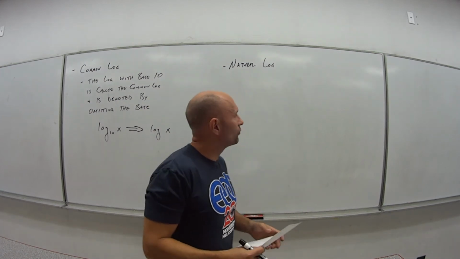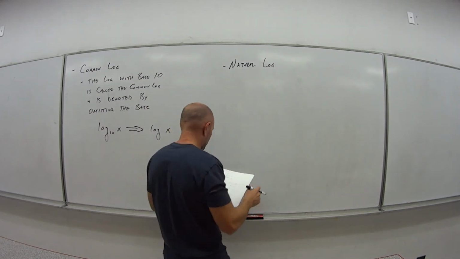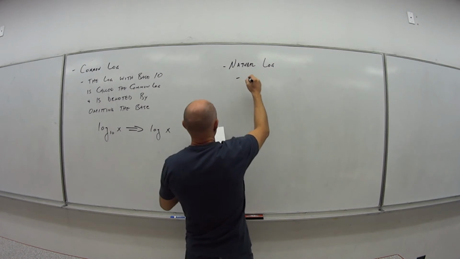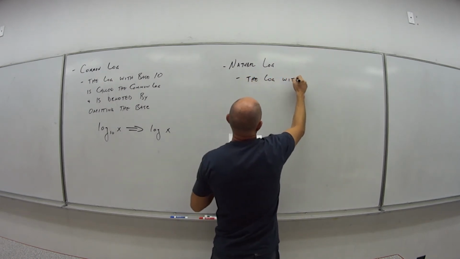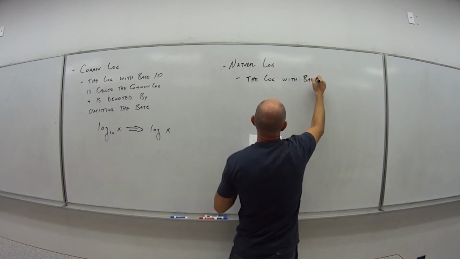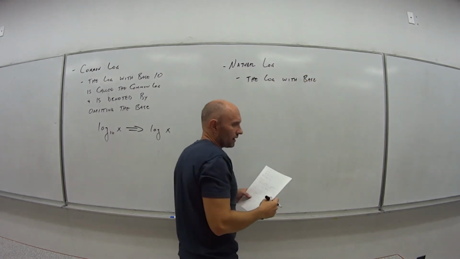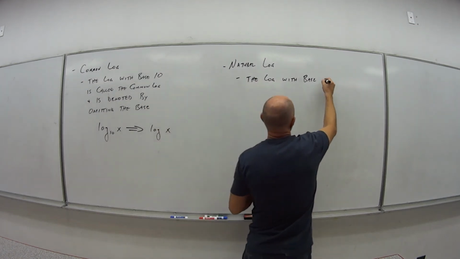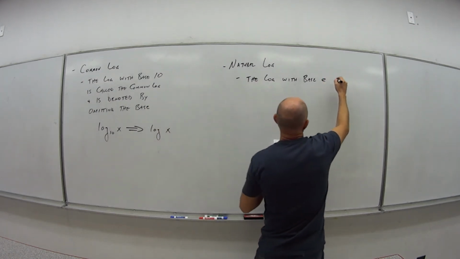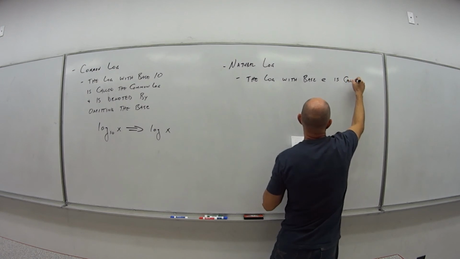Natural log is the most commonly used in calculus. And this says the following. The log with base e, which you remember from the earlier videos, section 2 I believe, is called the natural log.